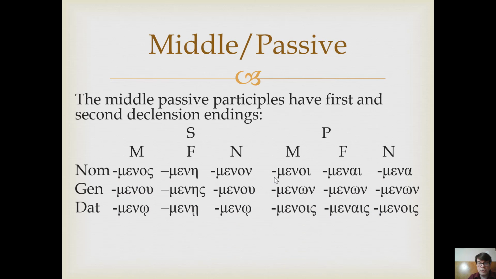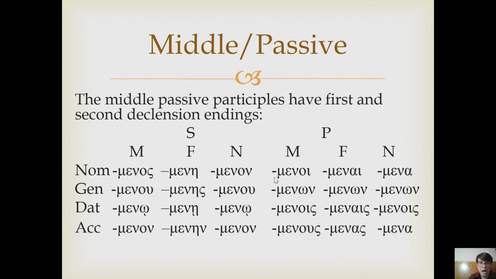Omenos, omenou, omenoo, omenon. Omene, omenes, omene, omenen. Omenoi, omenon, omenois, omenous. Omenai, omenon, omenais, omenas. Okay, so the middle and passive participles, at least the ones that have men, remember, passive or middle, are going to follow the endings of the first and second declension.